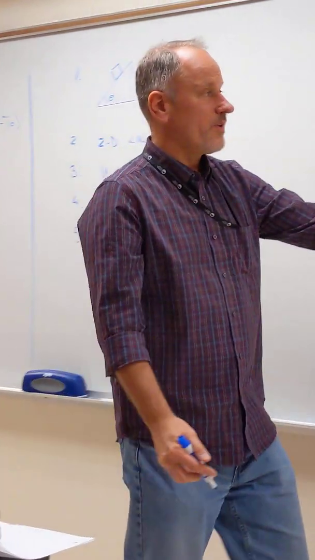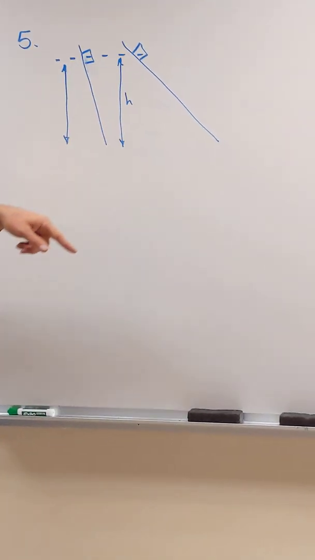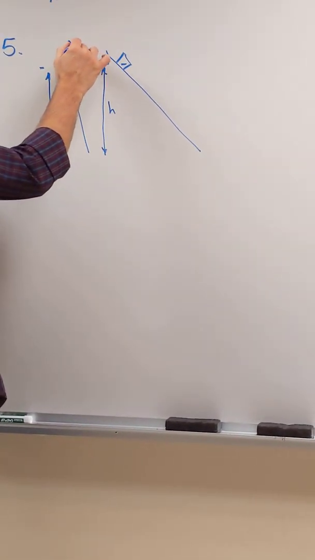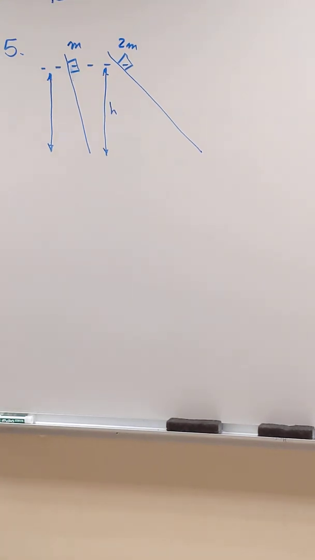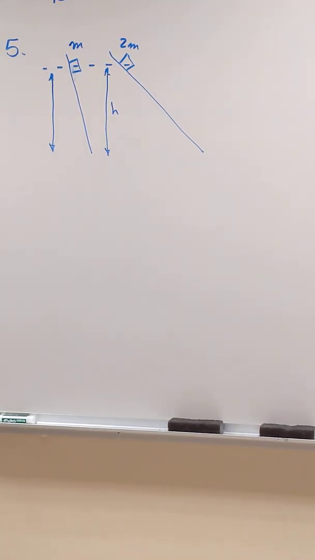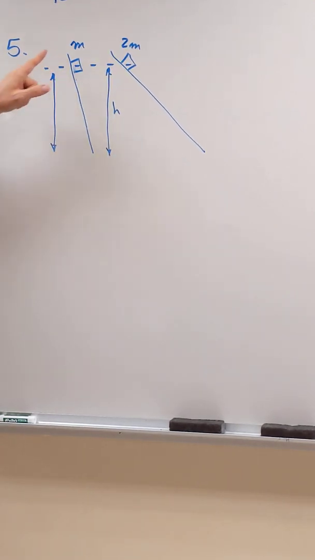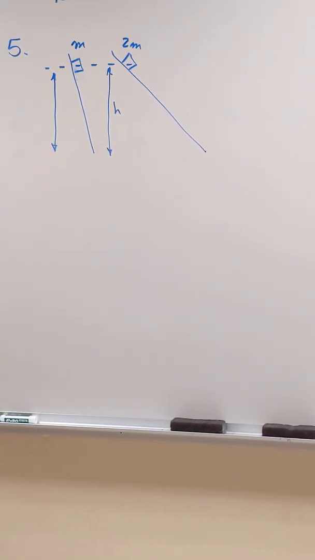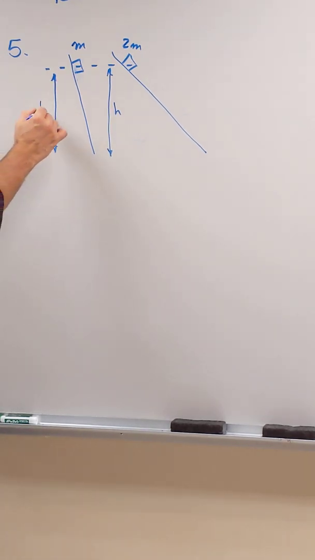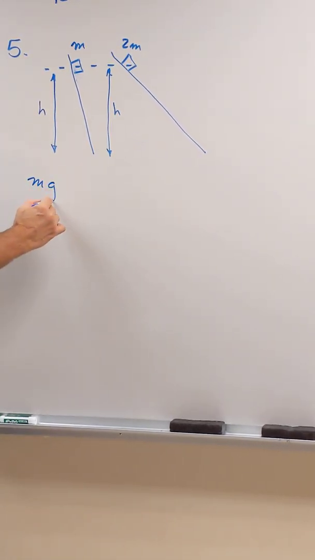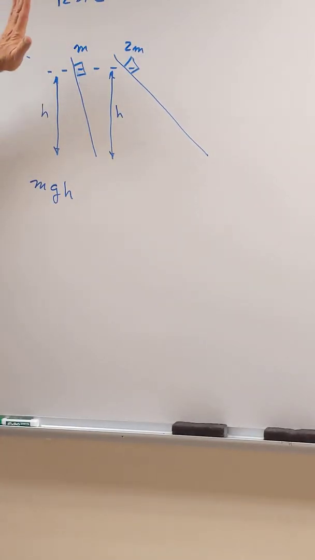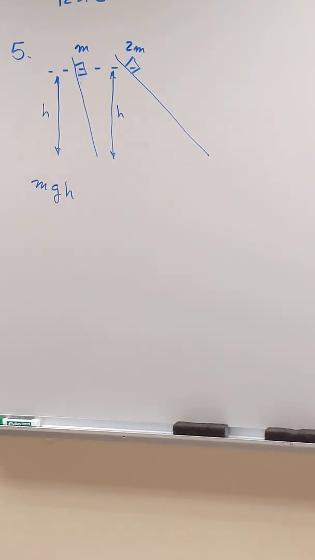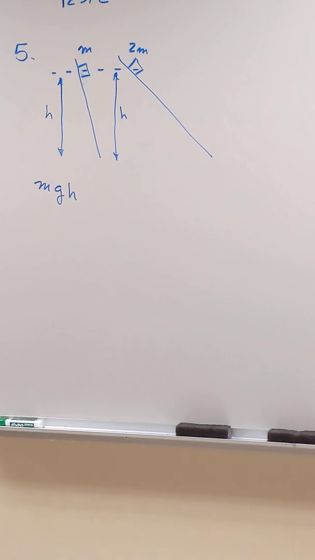Well, what am I starting with here for these things? If this is M and this is twice as heavy, for example, what's the energy in the system for this one? mgh. If it's right there stationary, how much kinetic energy does it have? 0.